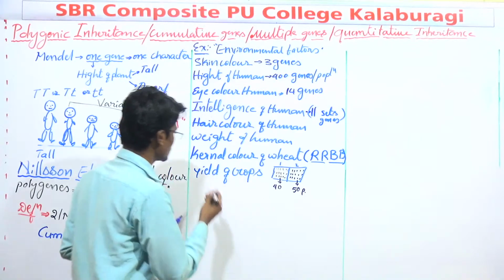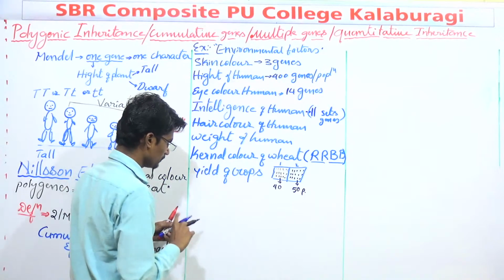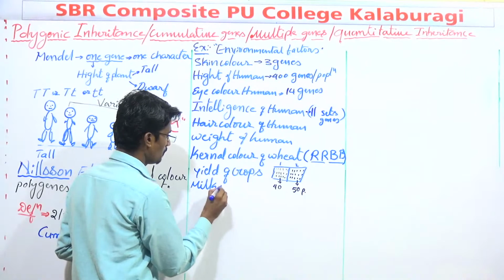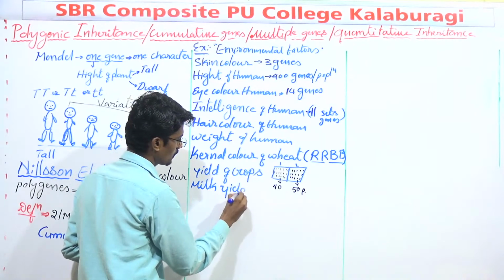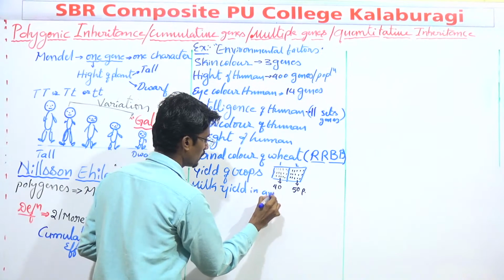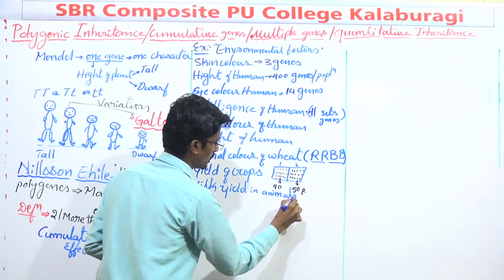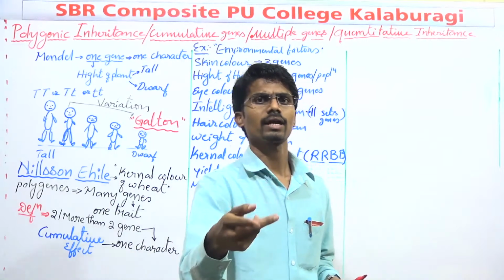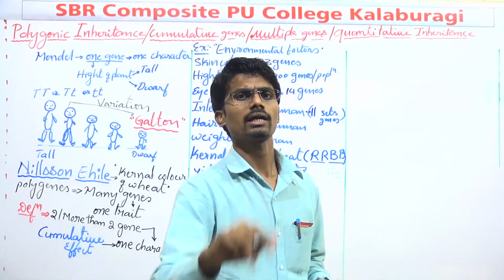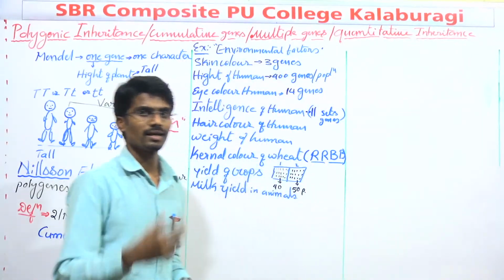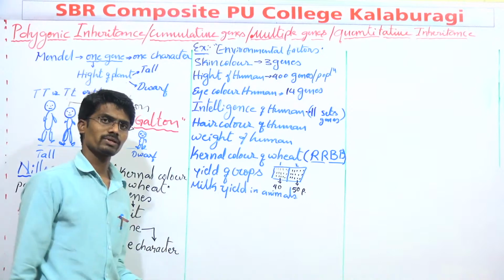You can take a similar example, milk yield in animals. If you have two cattle of the same breed, one will give 1 liter and another will give half a liter. It varies because of what? Polygenic inheritance.